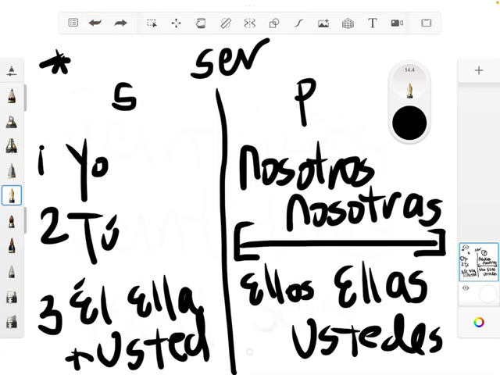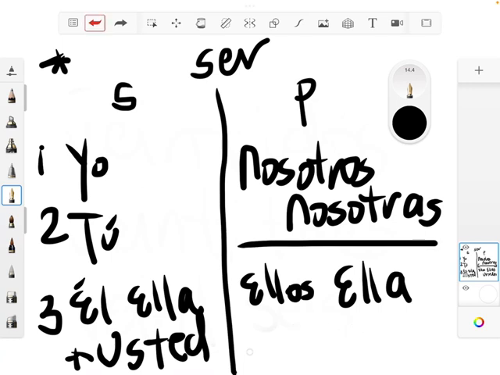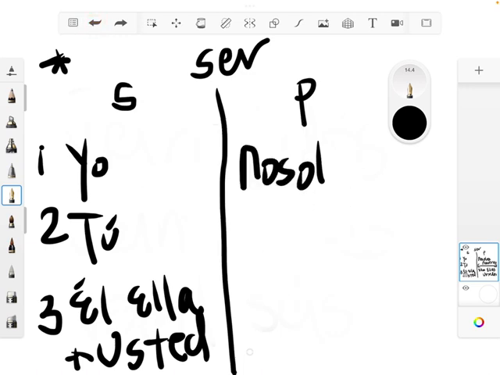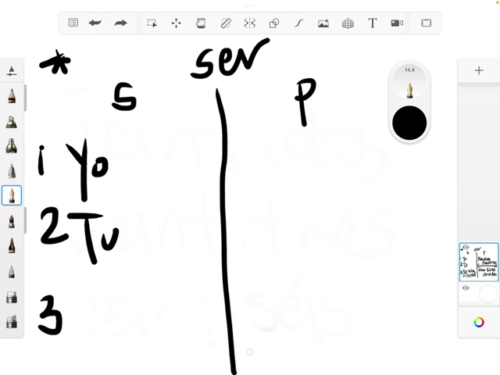If I'm referring to third person plural, I'm referring to ellos or ellas, or it might even be ustedes, depending on the context, okay? And ustedes, you remember, stands for y'all, like a group, like you all. All right, so I'm going to delete this so that I have room, but just keep that in mind, okay? That doesn't go away. I'm still talking about those pronouns with those verbs, okay?